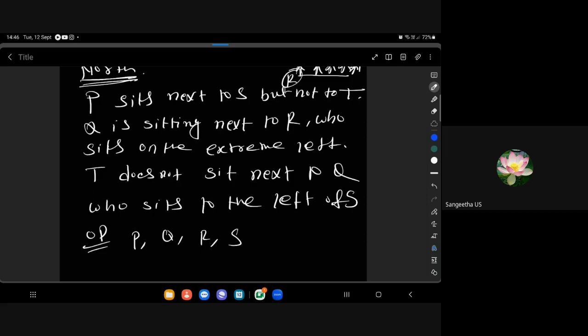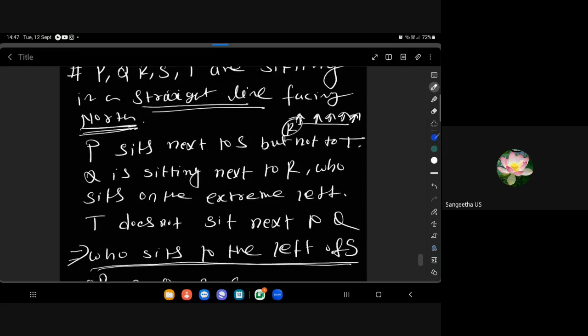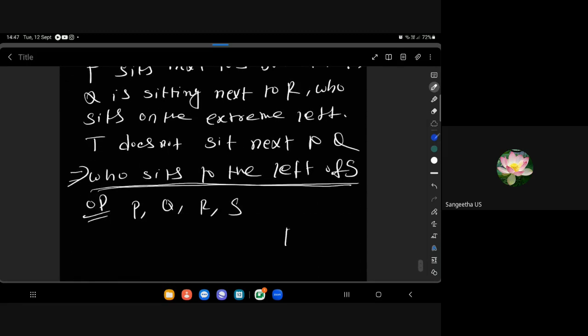Who is the person sitting left of S? So the information is: P sits next to S but not to T. Q is sitting next to R. T doesn't sit next to Q.